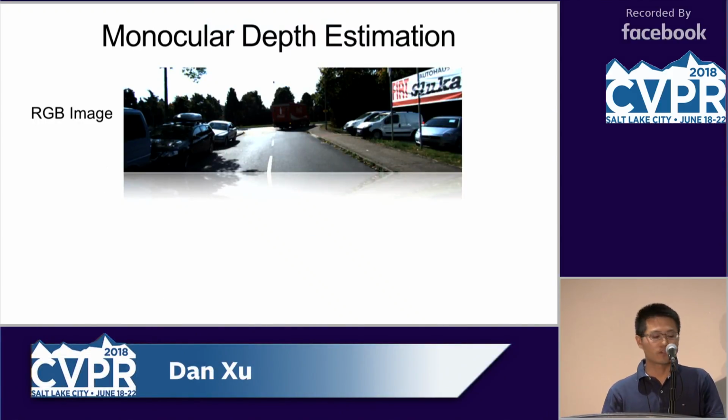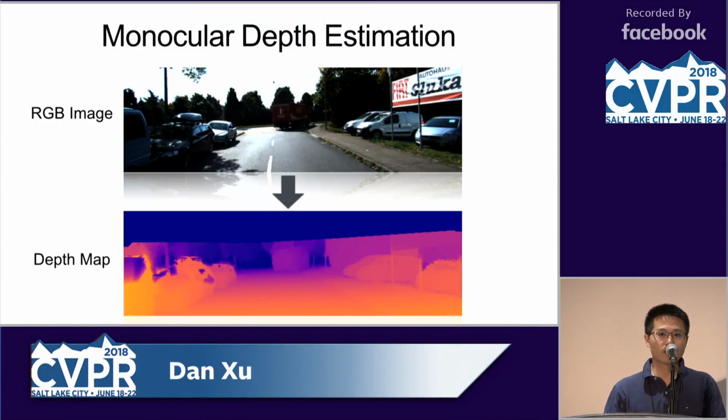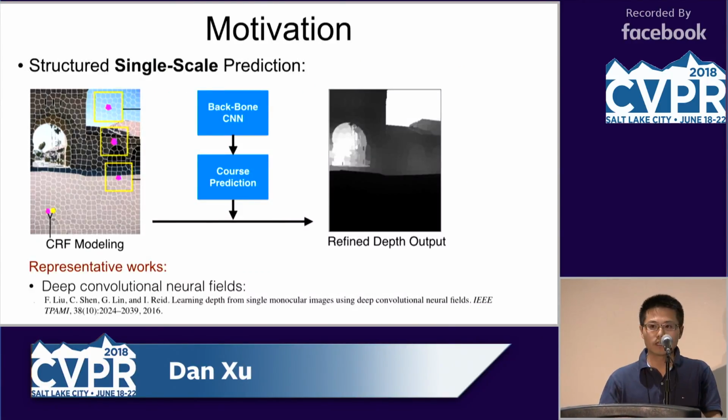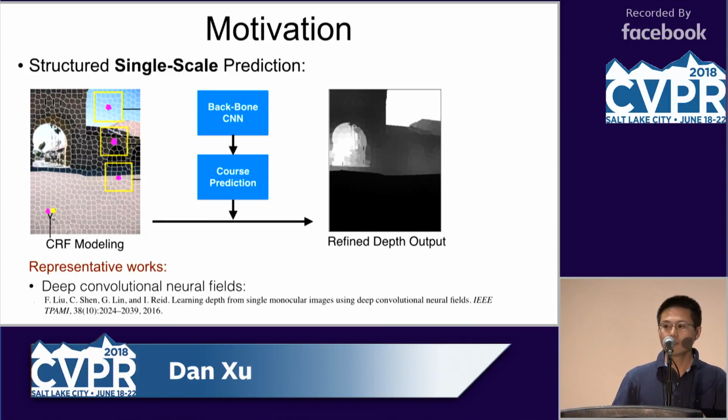Monocular depth estimation is a task that recovers the depth of the scene given one single RGB image. It has been shown to be particularly useful in various computer vision tasks. Structure prediction is a common strategy in monocular depth estimation.